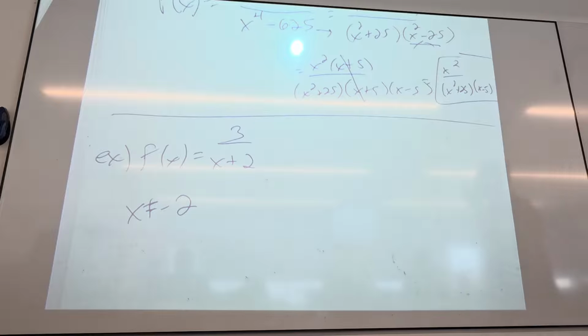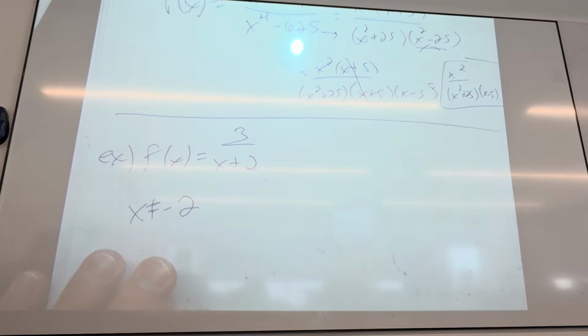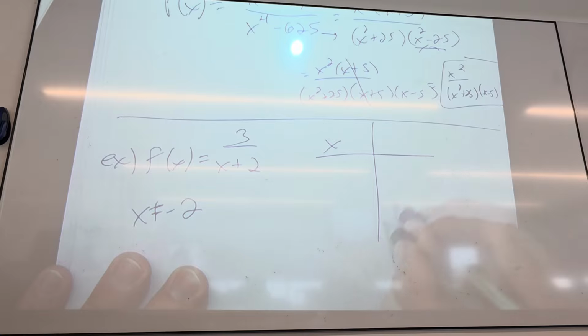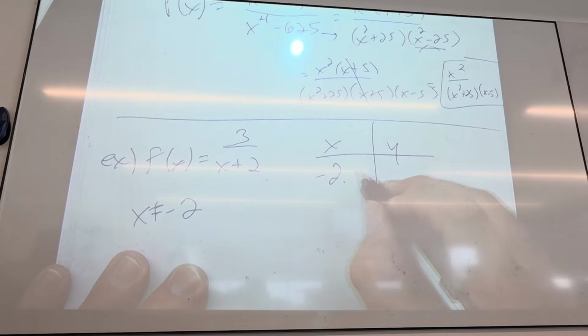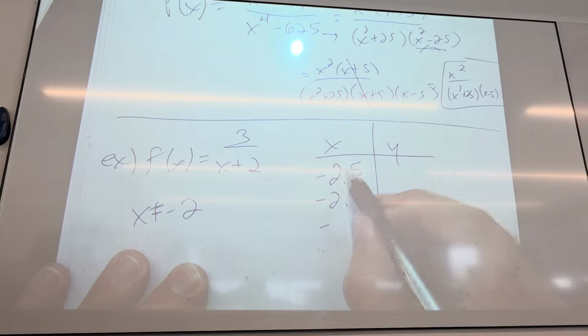So here's what I mean, concretely. Does everybody have a calculator? I didn't bring any. Everybody with a calculator, get ready. Who's got a calculator? Somebody put a -2.5 in.